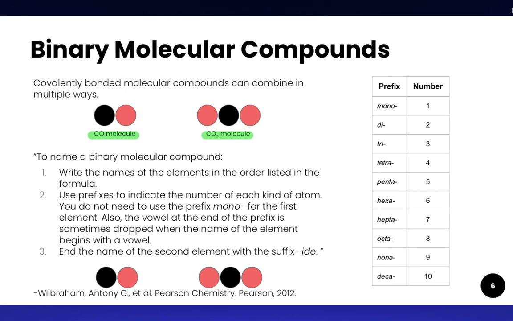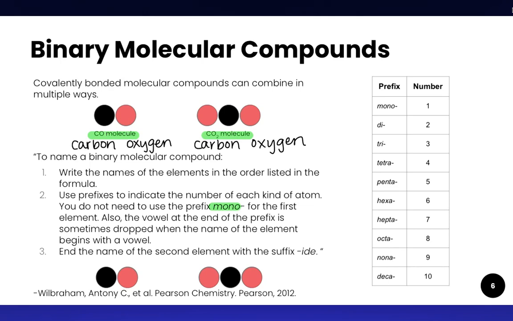So the first step in naming a binary molecular compound is to write the names of the elements in the order listed in the formula. Then you would use prefixes to indicate the number of each kind of atom. And as a note, you do not need to use the prefix mono for the first element. If there's only one of the first element, you can leave that prefix off.